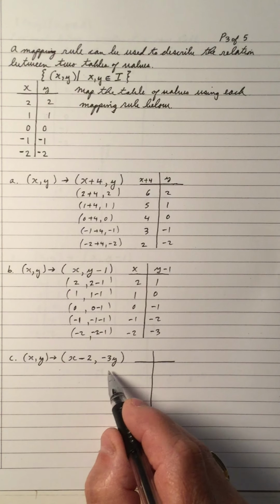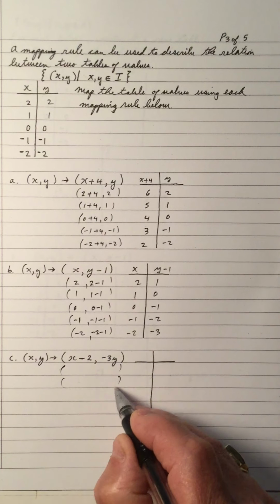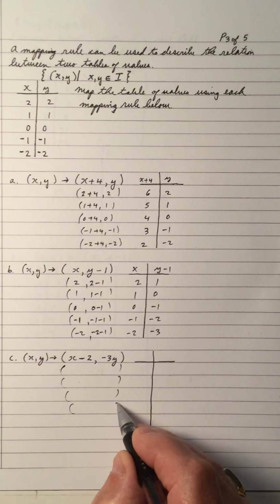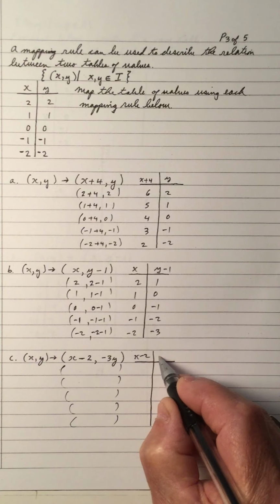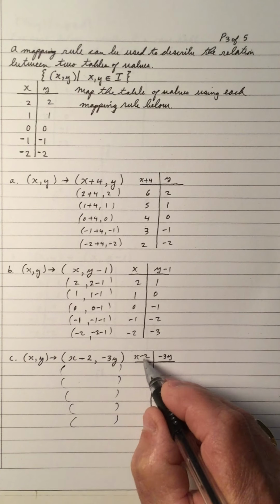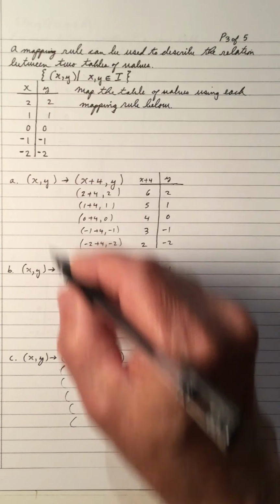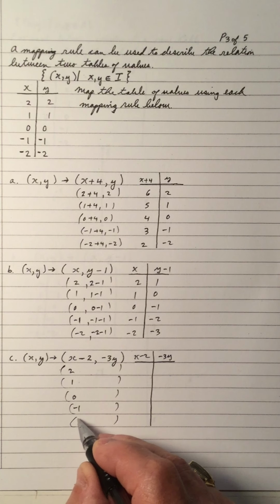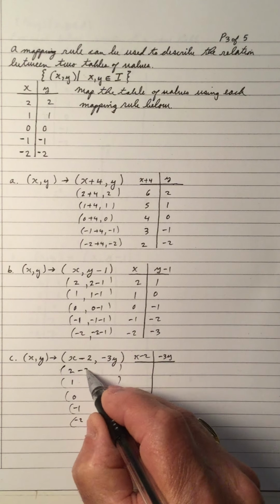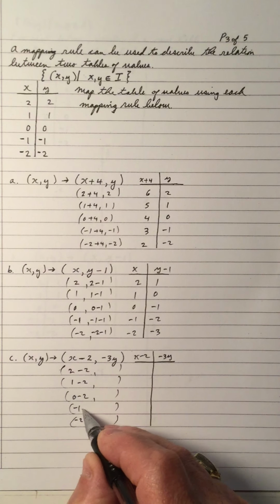And here we have both of them changing. So let's just do this first. We have 5 ordered pairs. So this is (x − 2, −3y). So let's do the x first. x minus 2. So we got 2, 1, 0, negative 1, negative 2. And we're subtracting 2 from the x's.